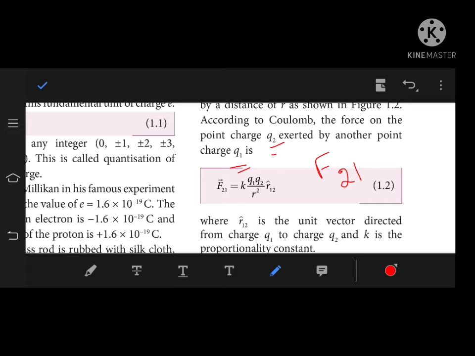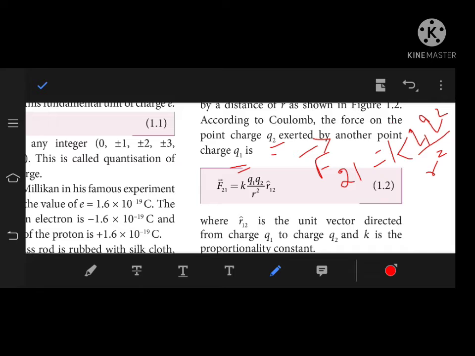We know that force is a vector quantity, so you have to denote it with an arrow mark. So the F21 vector is equal to k, the proportionality constant, q1 q2 by r squared.